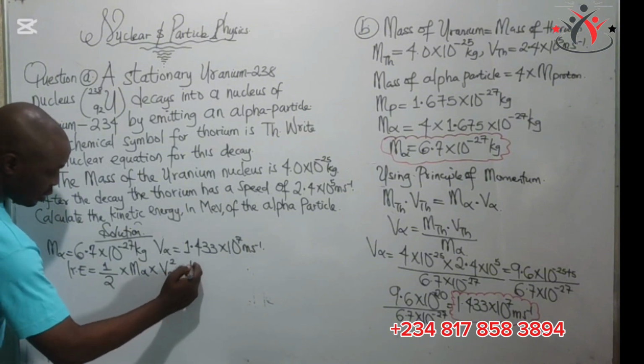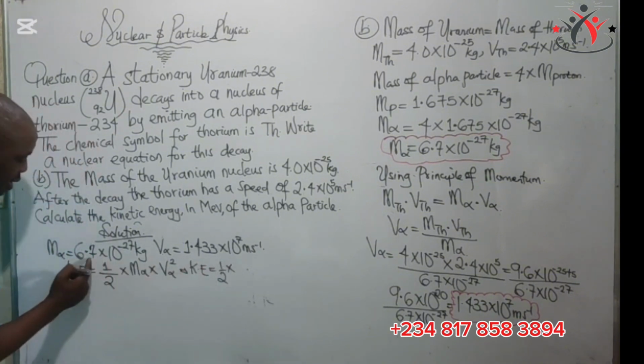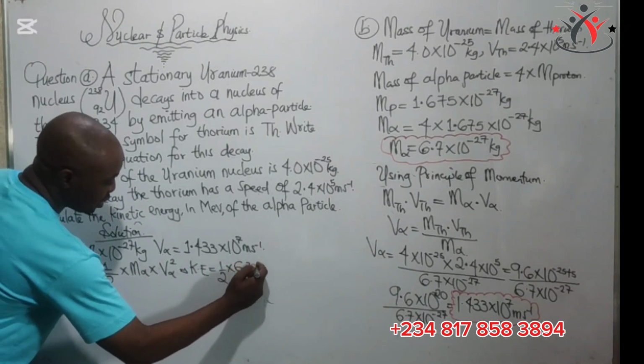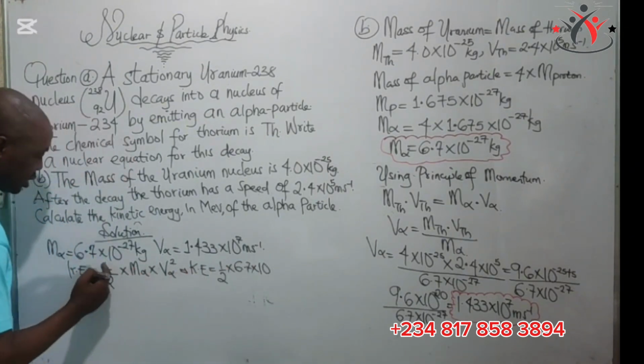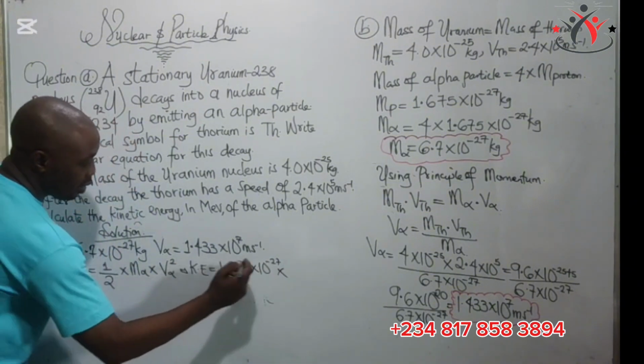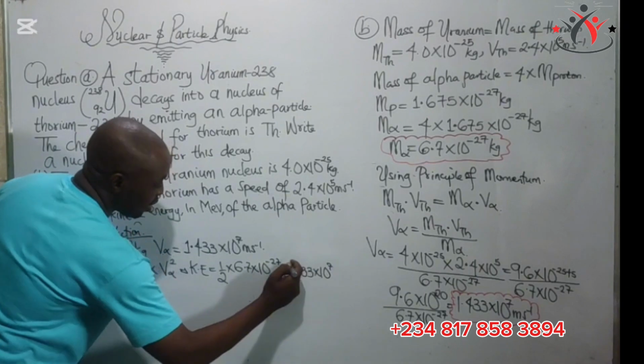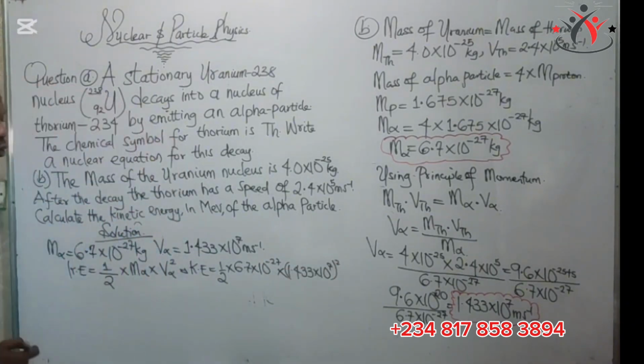So kinetic energy is going to be 1/2 multiplied by 6.7 multiplied by 10 raised to the negative 27, multiplied by 1.433 times 10 raised to the power of 7, then raised to the power of 2.